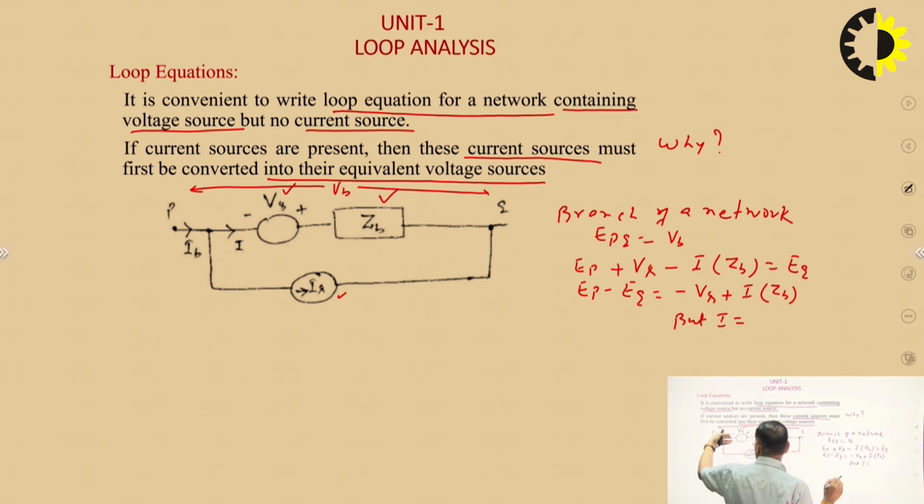IB is equal to I plus IS, so I is equal to IB minus IS.